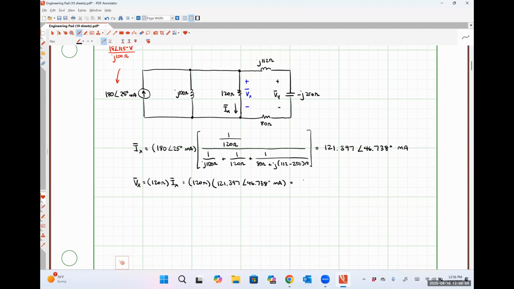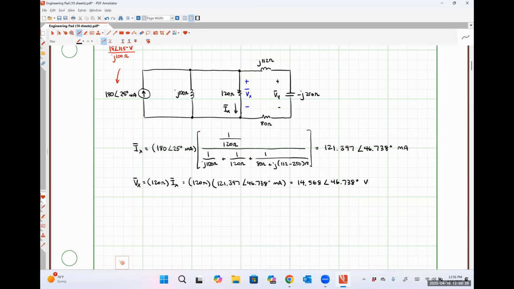And I got a voltage of 14.568 with an angle of 46.738 degrees volts.